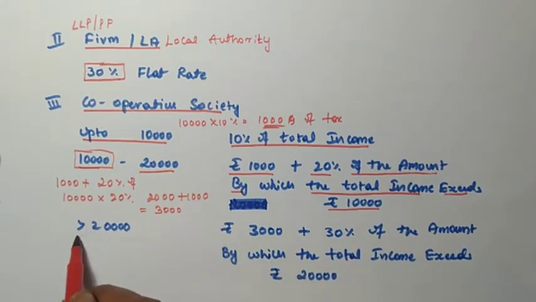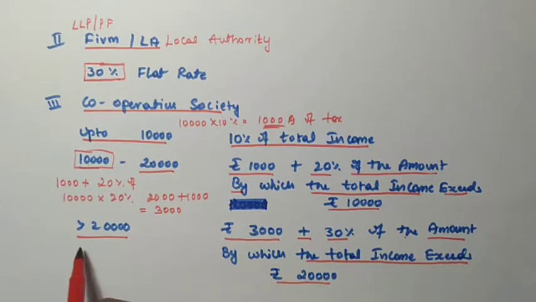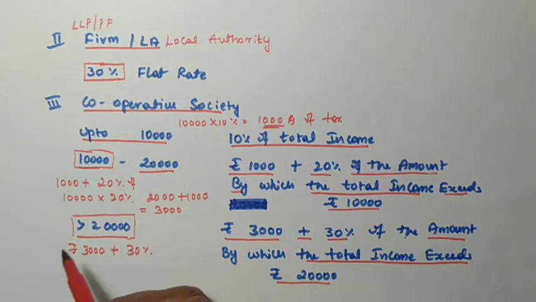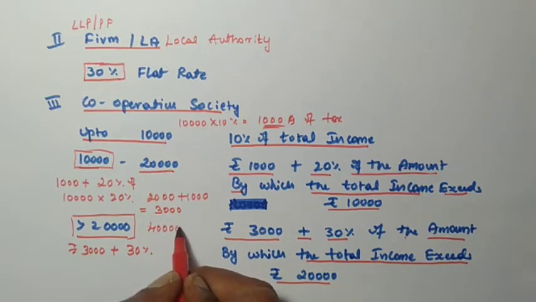Next, above 20,000 rupees, 3,000 plus 30% of the amount by which the total income exceeds rupees 20,000. For example, we will take rupees 40,000.